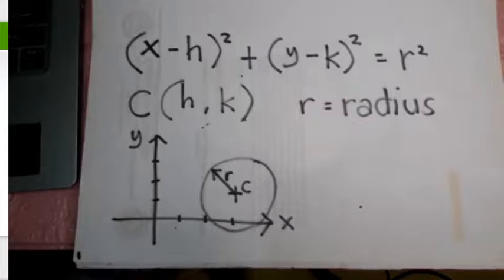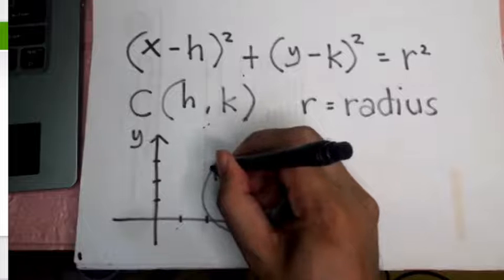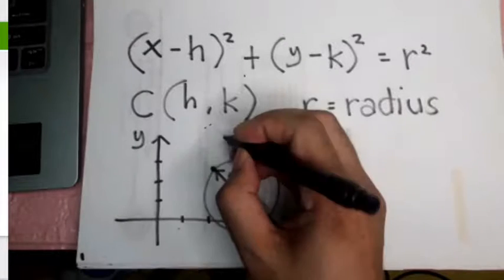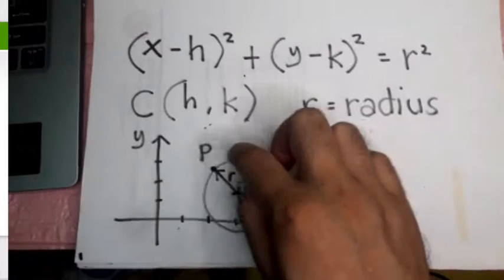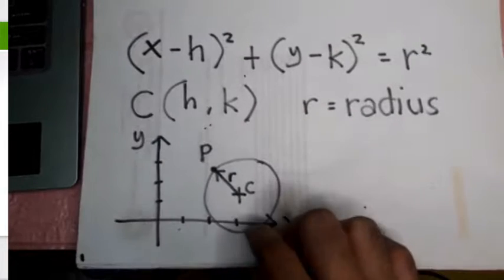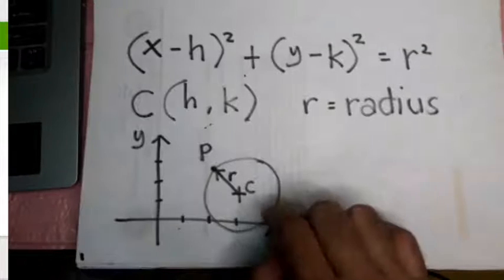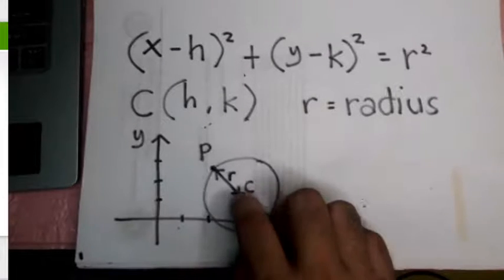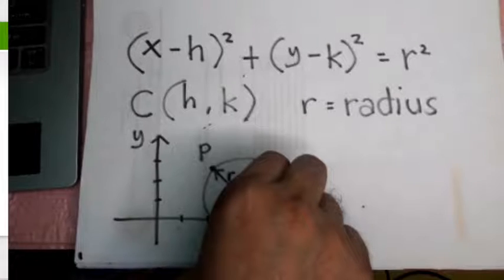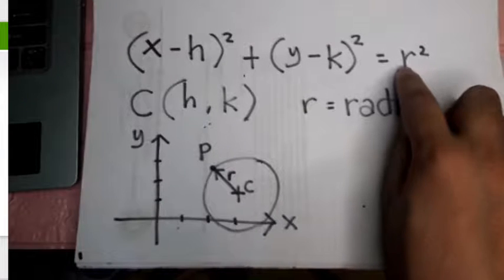And at any point here, at any point P around the curve, the distance from the center is constant. This is constant. That is the definition of a circle.